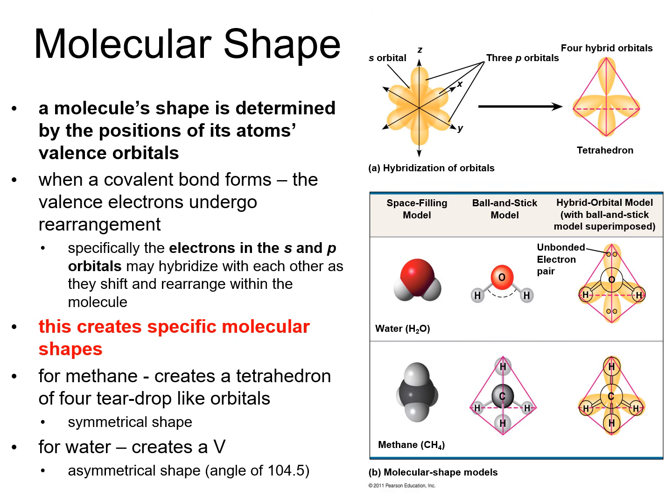It's a pretty symmetrical shape that you'll see, and it is because of the orbital shape that the carbon atoms have combined with the orbital shape that the four hydrogen atoms have. For water, the interaction of these orbitals is going to create a V shape or an asymmetrical shape.